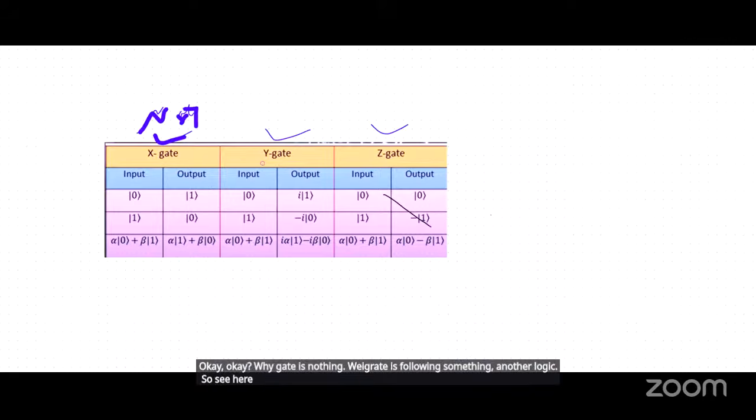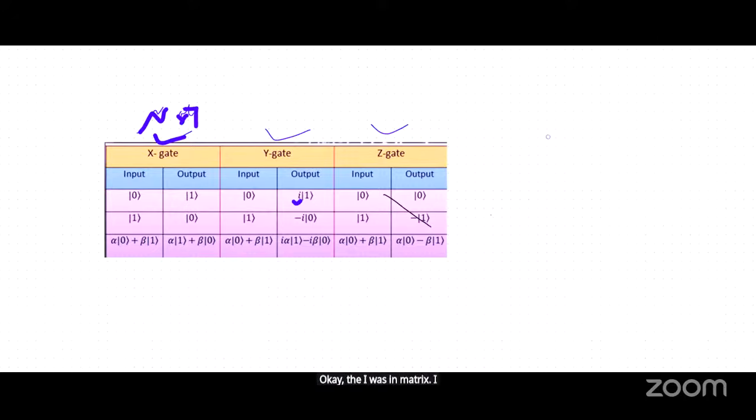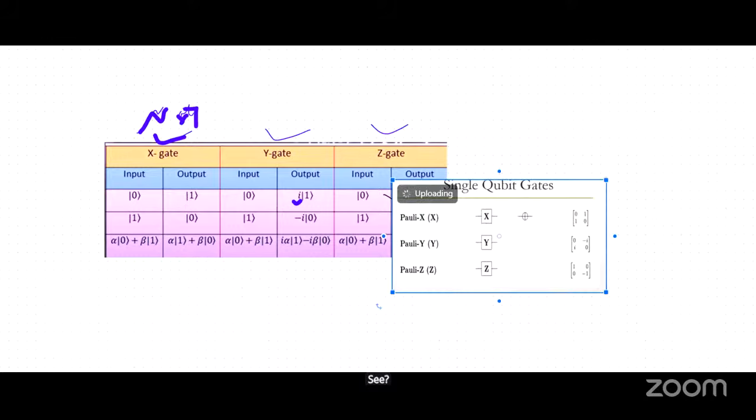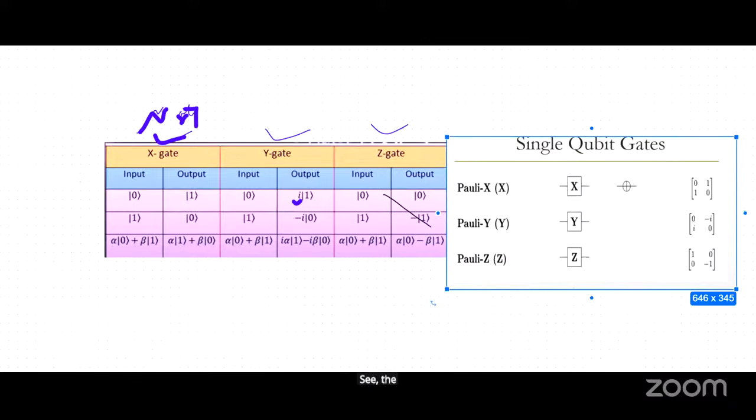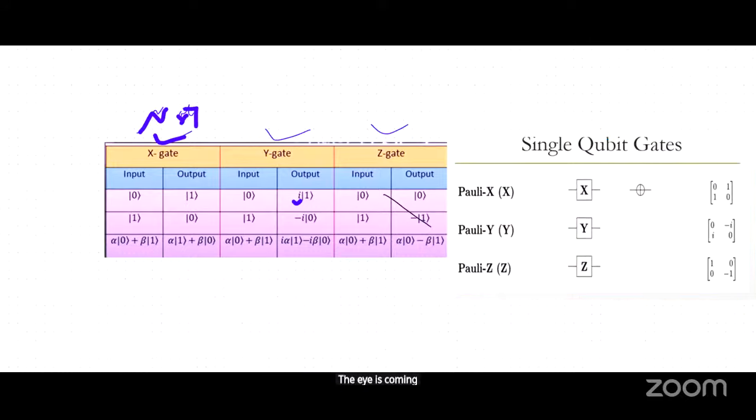See here, the logic is, why we are seeing the I in the matrix. The I is coming here also because of complex quantities.